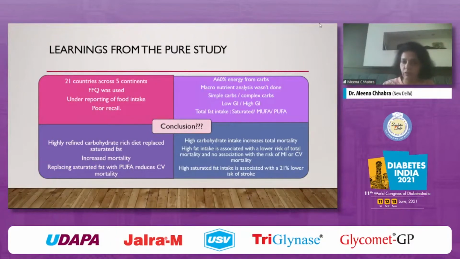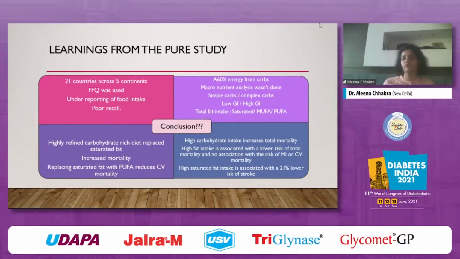But is the PURE trial to be taken at face value? No, we don't think so. Because if you replace saturated fats, what do you replace them with? If you replace them with polyunsaturated fatty acids, you get better results. But what if you replace them with refined grain? What do poor people do? This study was in low-income, middle-income, and high-income groups. Probably the fats were replaced by refined carbs.